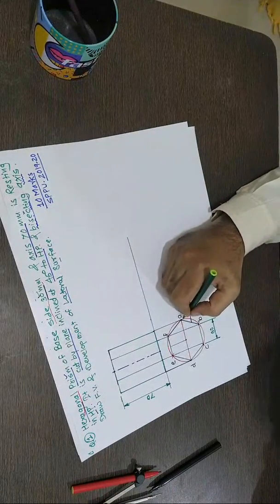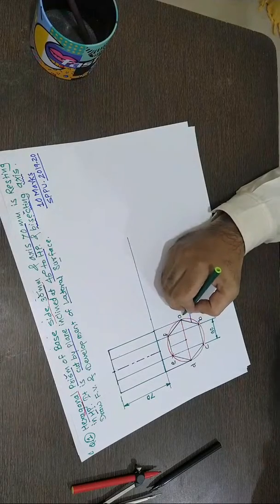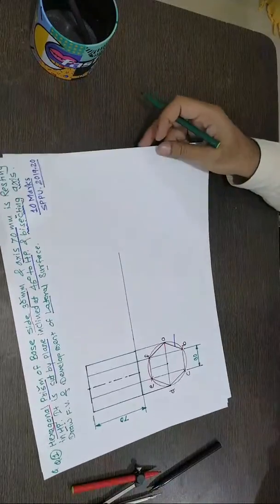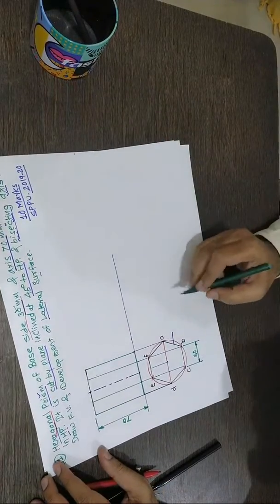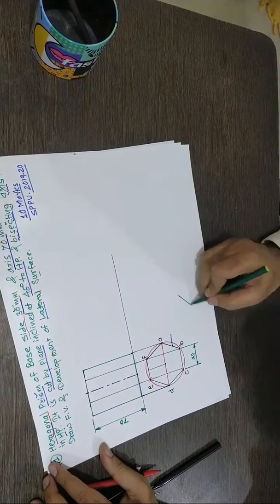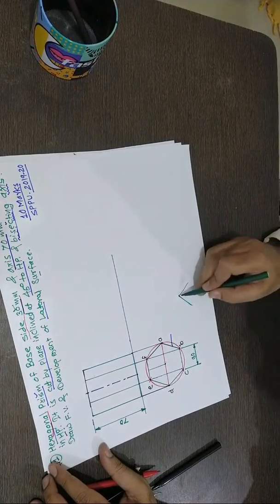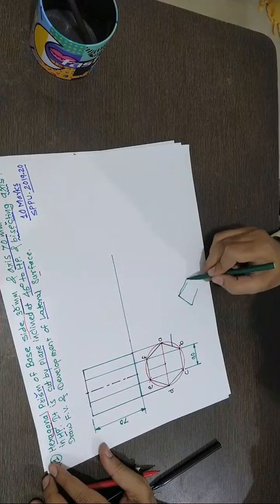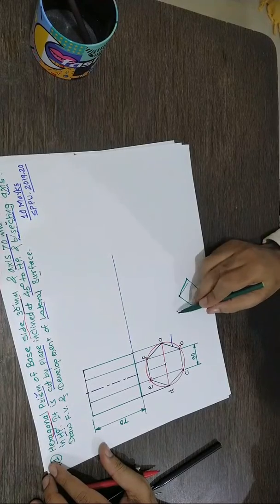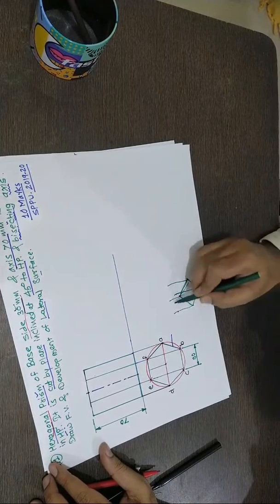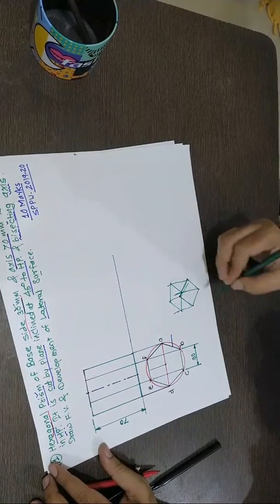It means A is the bottom face edge point. Similarly, we have points 1, 2, 3, 4, 5, 6. If you want to understand this, I'm drawing a very freehand sketch. Suppose, to understand the concept, I'm using a square, not another shape, because I'm drawing quickly.